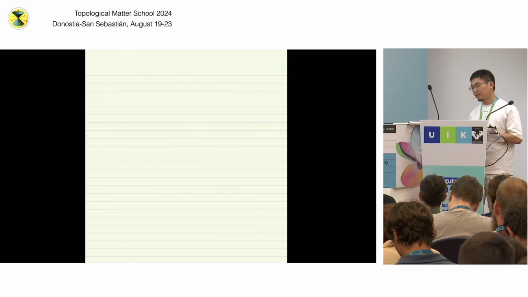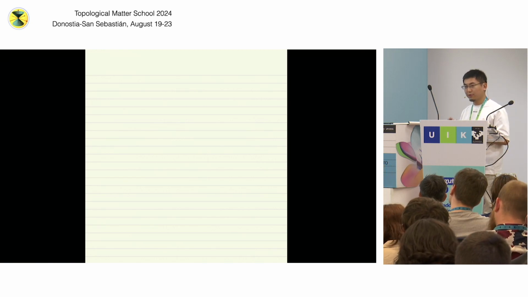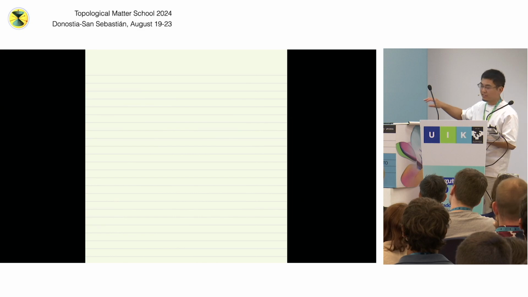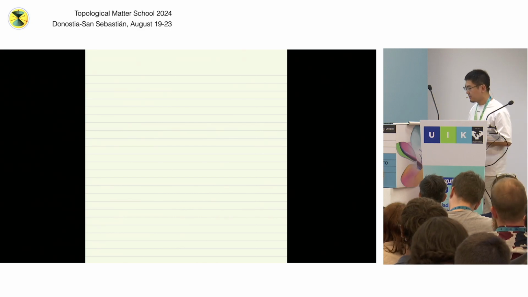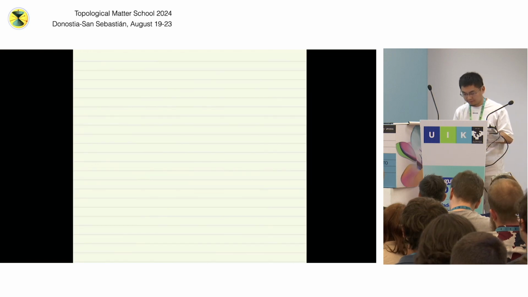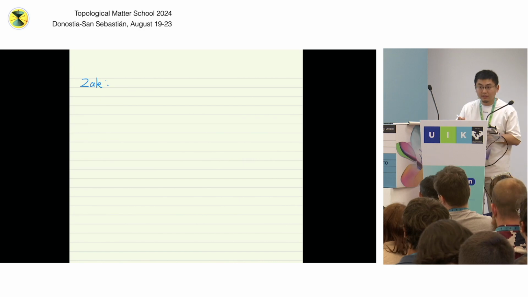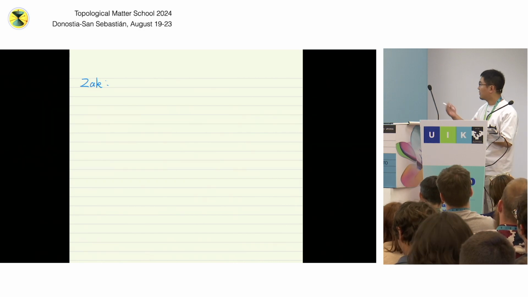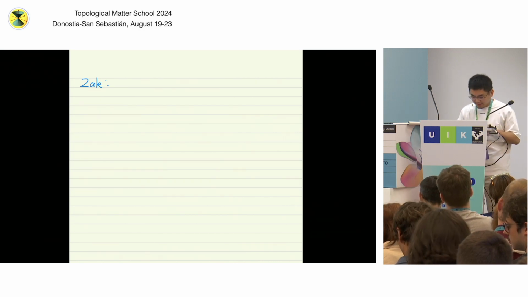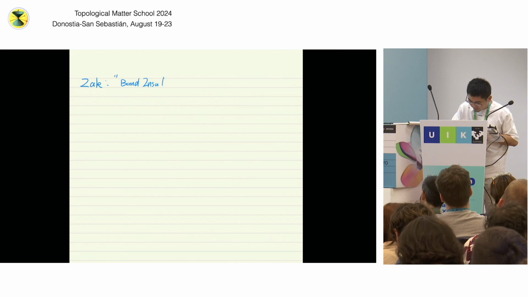Basically, we can understand a crystal as a realization by occupying all these Wyckoff positions with different atoms, right? And from this point of view, one can define an insulator. I think Zach gave a very interesting definition for an insulator in this framework. He said that a band insulator equals a band representation.